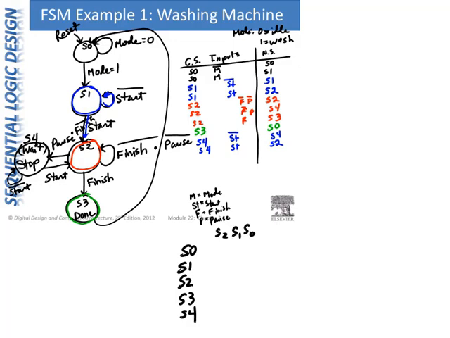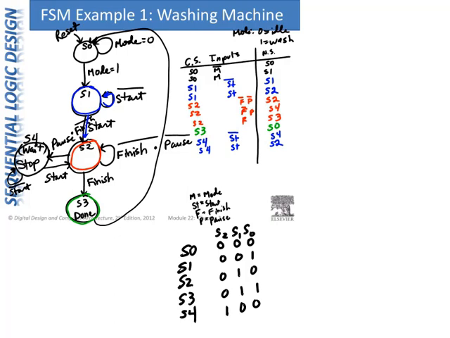Remember, S sub 2 is not equal to big S2. Big S2 is state S2. S sub 1 is not equal to big S1, and S sub 0 is not equal to big S0. Okay, so we'll just use binary encoding. State S0 will encode as 0, state S1 will encode as 1, state S2 will encode as 2, state S3 will encode as 3, and state S4 will encode as 4.